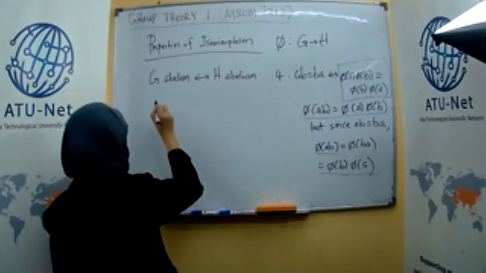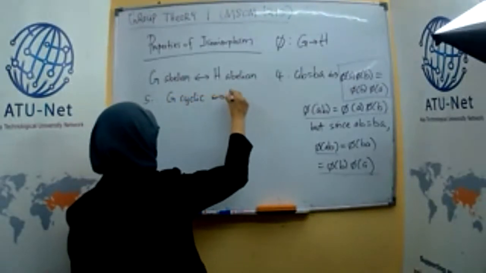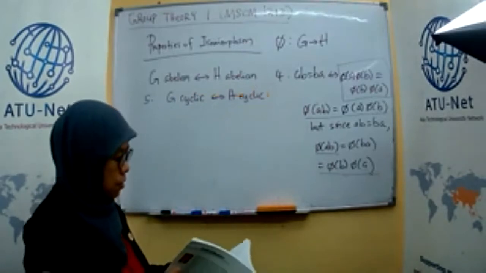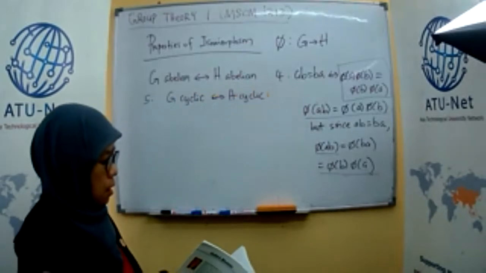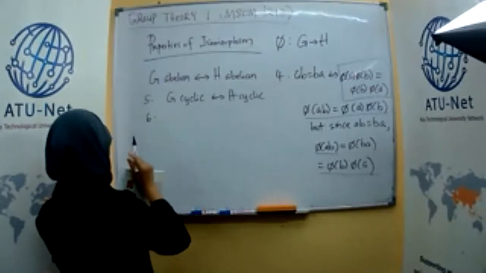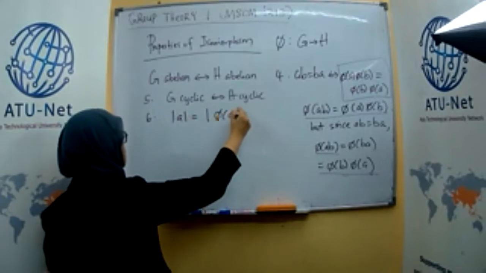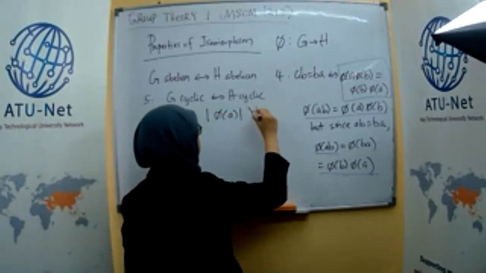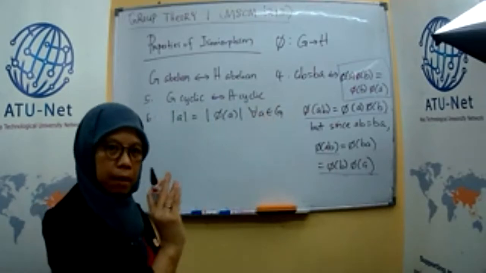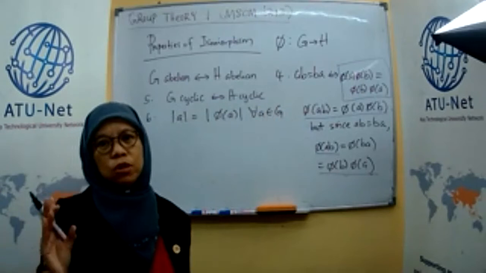Okay. Number 5, again, G cyclic if and only if H cyclic. Next one is the order of A is the same as the order of the image, meaning you have to map one element to the image of the same order.